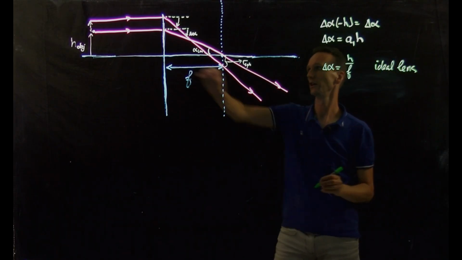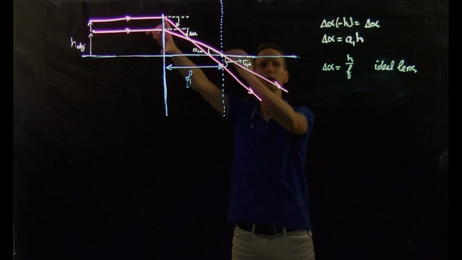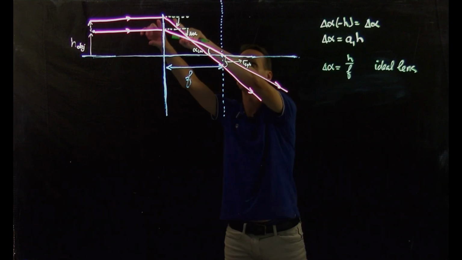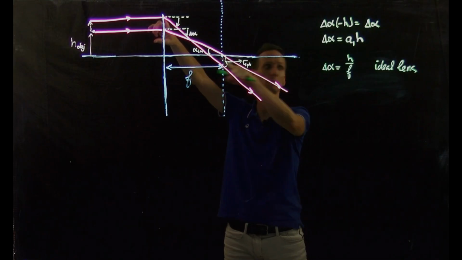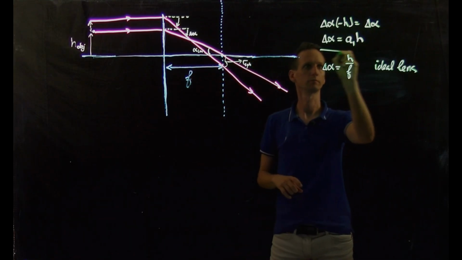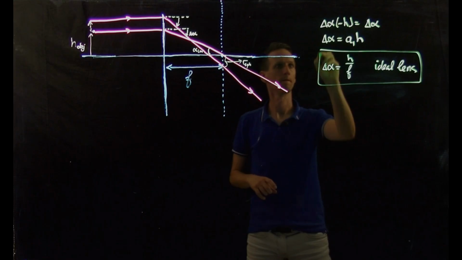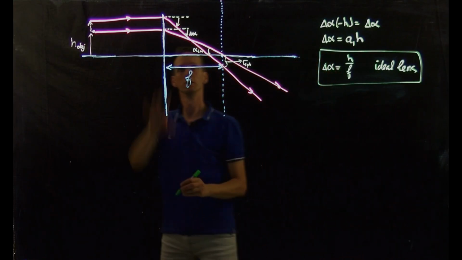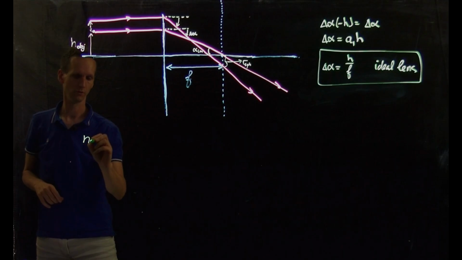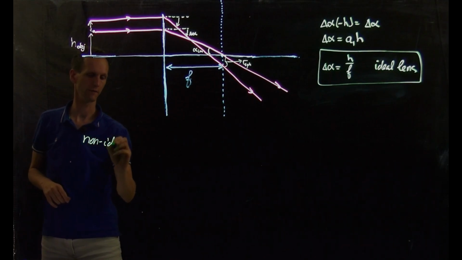We can see that if we moved further from the axis, this equation would still hold, also this ray would go through the axis here with a new h and the same f. Now what about the non-ideal behavior that we have here? So we're going to write that down here. So we have a non-ideal lens.